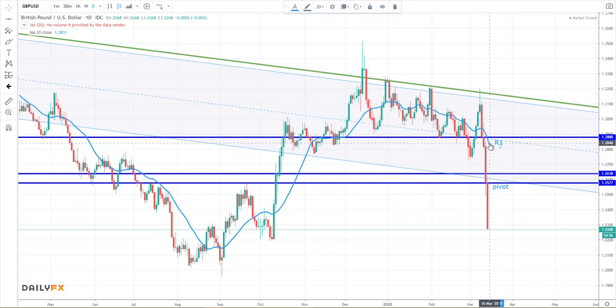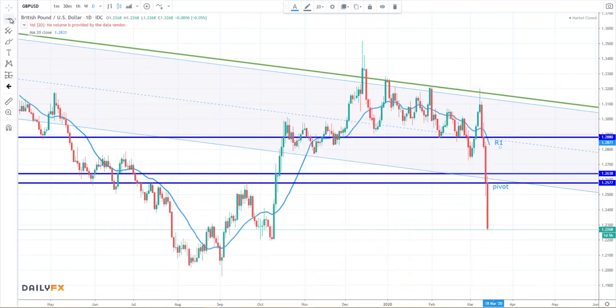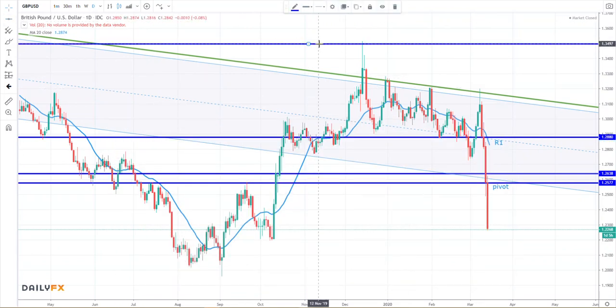To put it quite simply, this moving average is way up here, so if the pound were to snap back like that, it really wouldn't be that much of a surprise, though we'd start looking into the question of price action then. R2 is at 1.3519, so that's our last high.